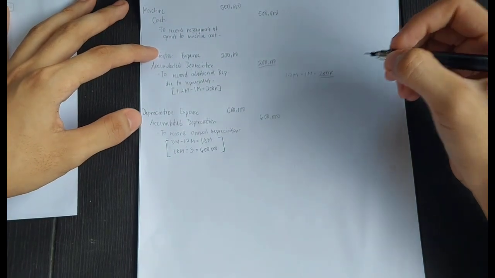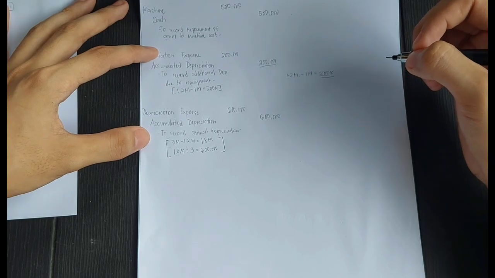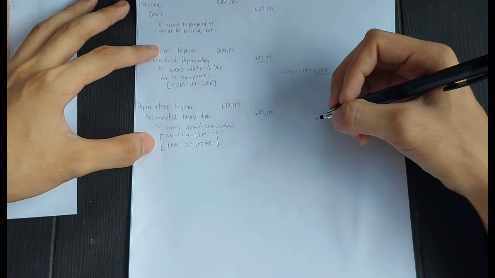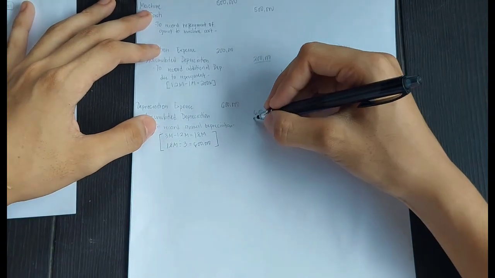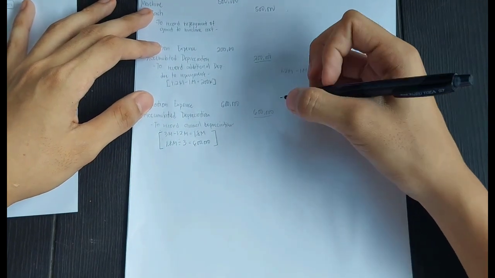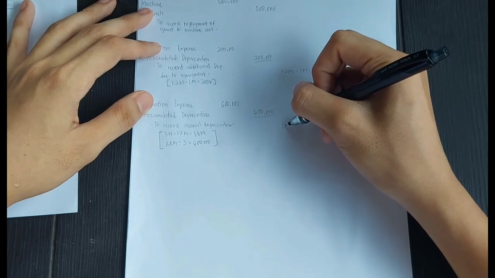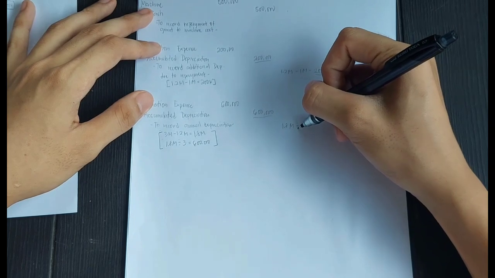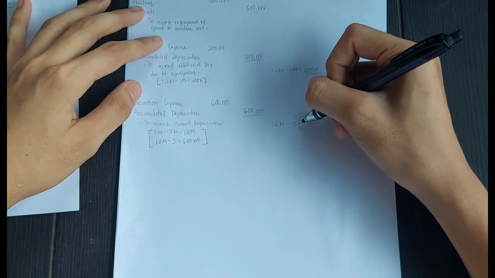So debit depreciation expense and credit accumulated depreciation. It's simply to record the annual depreciation. To get the 600k, we just simply divide the 1.8 million by the 3 years.